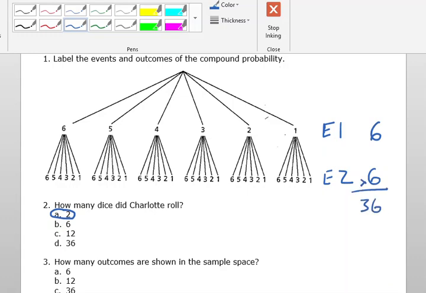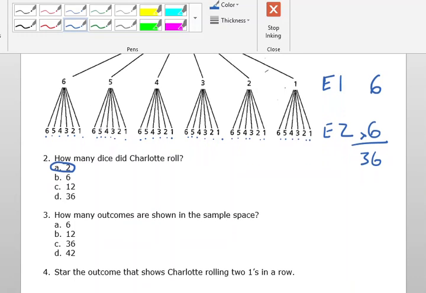Let me just count to double check. 1, 2, 3, 4, 5, 6, 7, 8, 9, 10, 11, 12, 13, 14, 15, 16, 17, 18, 19, 20, 21, 22, 23, 24, 25, 26, 27, 28, 29, 30, 31, 32, 33, 34, 35, 36. Great. So product rule, and then I can even double check. I have 36 possible outcomes.